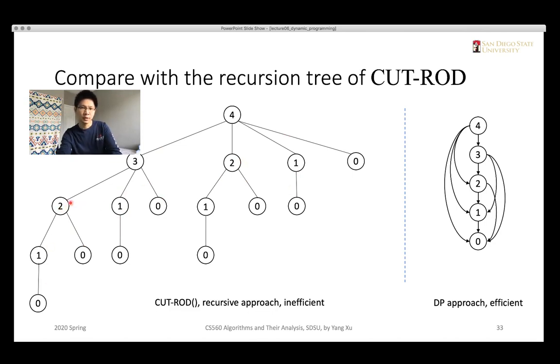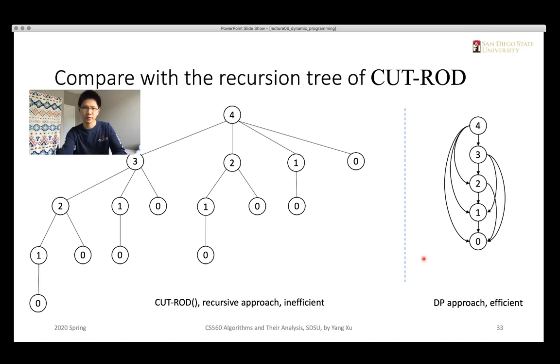2 is here and here, right? And 1 appears here, here, here, here. A lot of nodes appear multiple times. Okay, so somehow if you could merge all the duplicates, all the repeated nodes in the graph on the left, you will get the graph on the right, which is the subproblem graph generated by a dynamic programming approach.